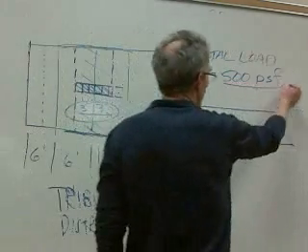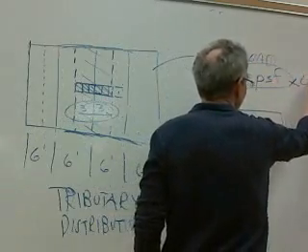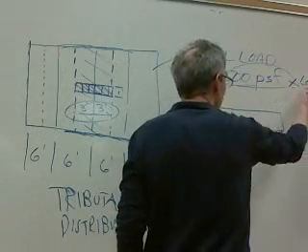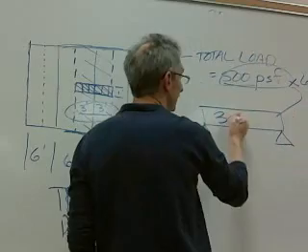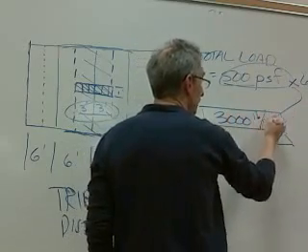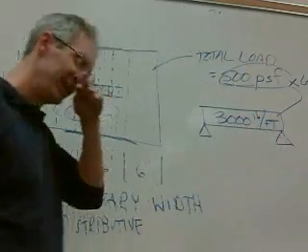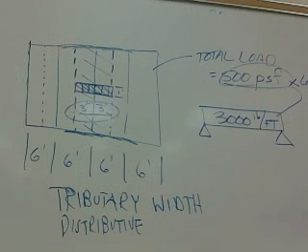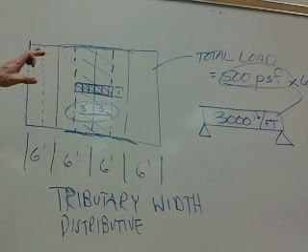So the 500 pounds per square foot times the tributary width gives me a uniform load of 3,000 pounds per foot. And that's going to be very useful for us when we go onwards. That's actually what they call a little free body diagram, but we'll talk more about that in chapter 3.